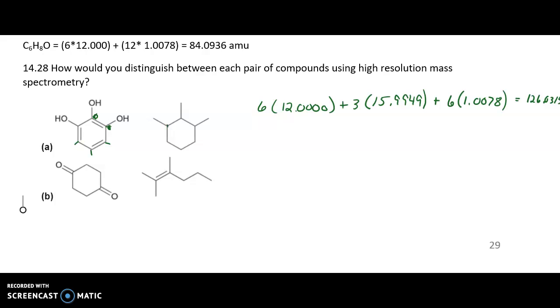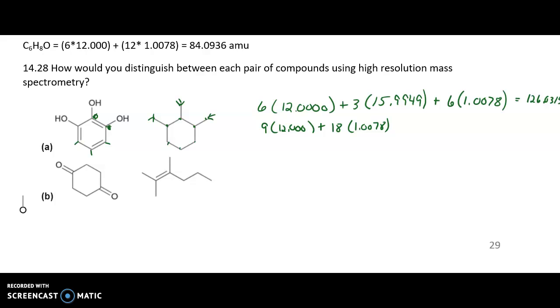This molecule has 1, 2, 3, 4, 5, 6, 7, 8, 9 carbons. And it's going to have 18 hydrogens. And we can count those. We've got 3 here, 3 here, and 3 here.